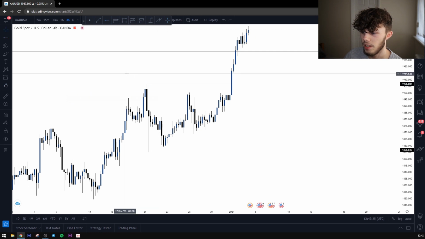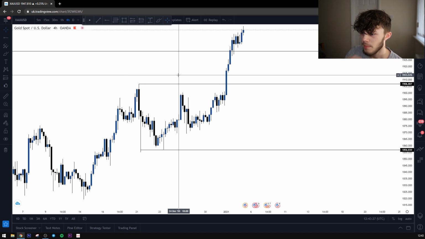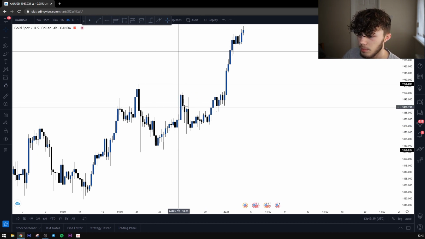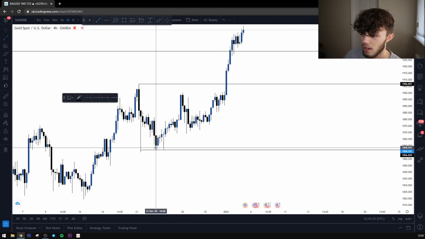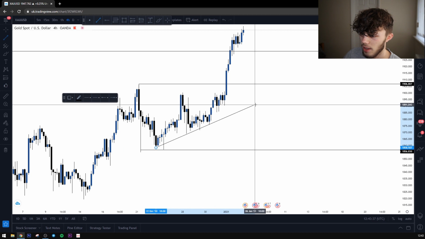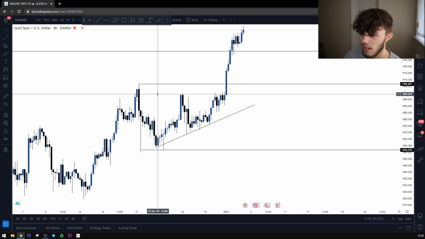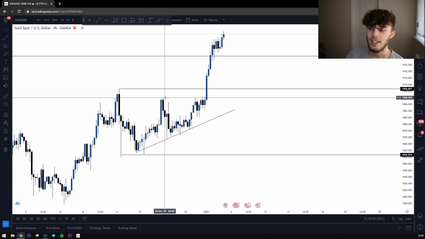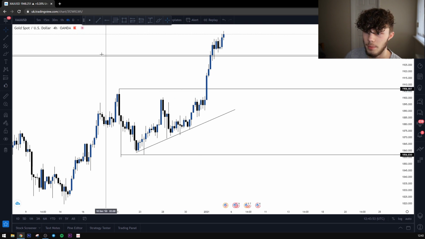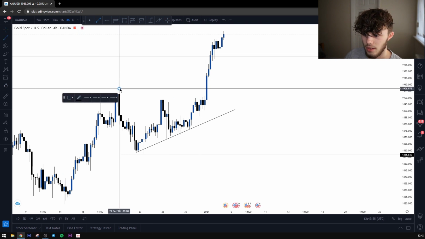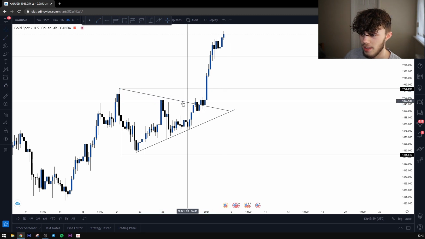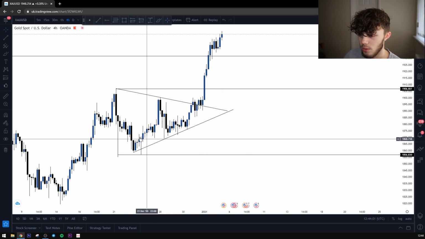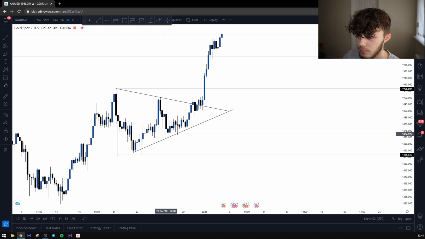We usually mark the high, so we have that there, and then we can see the price is creating higher highs and higher lows. So we can draw that like that. So we have that ascending channel up here, and price is actually creating lower highs here, but this is where we make the profit. So draw that in there, and we have this triangle formation here.